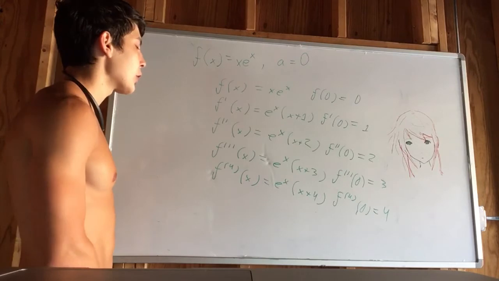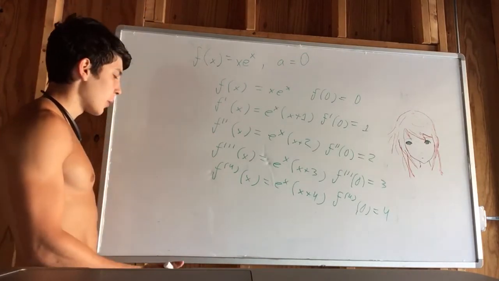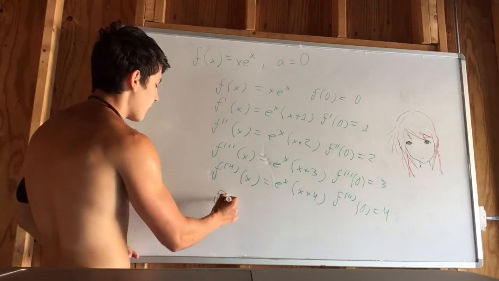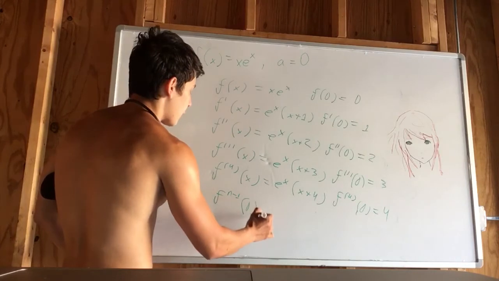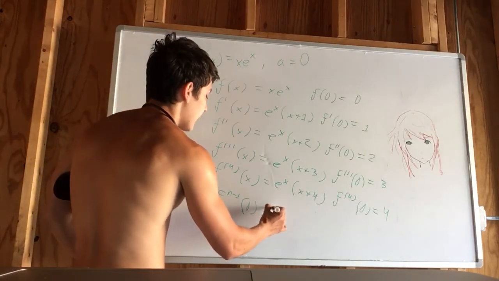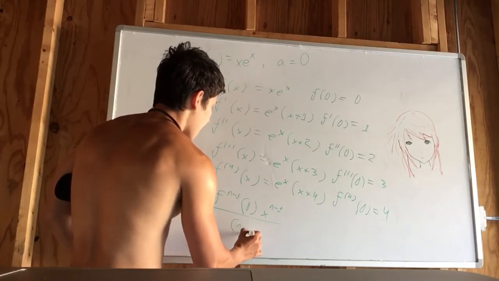Okay, so now what actually is the formula for the nth term of the Taylor series? So the formula for the nth term is f of n minus 1 of 0, that's where we're centered, times x to the n minus 1 over n minus 1 factorial.